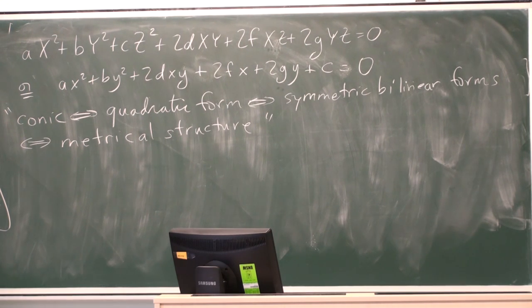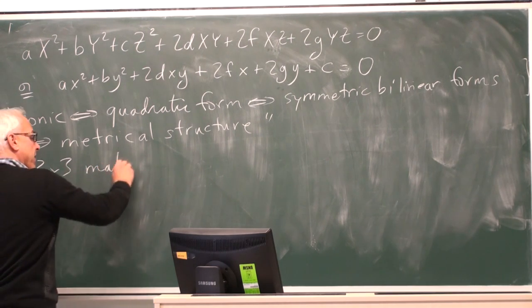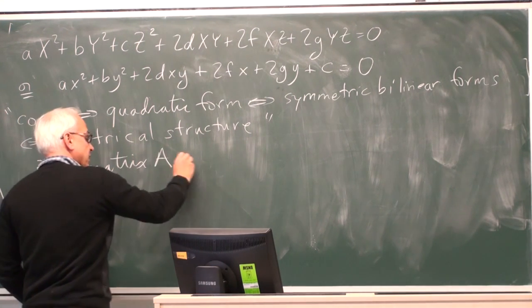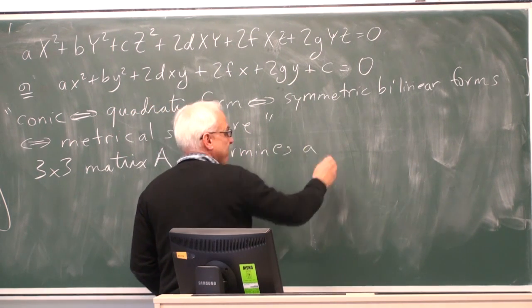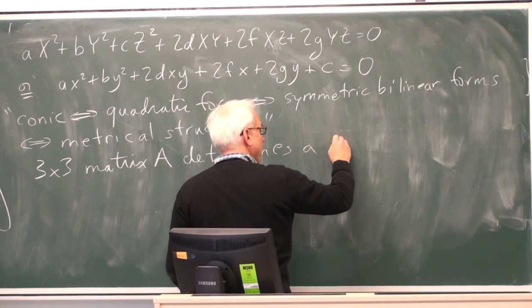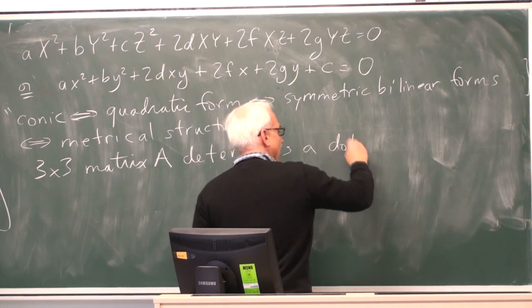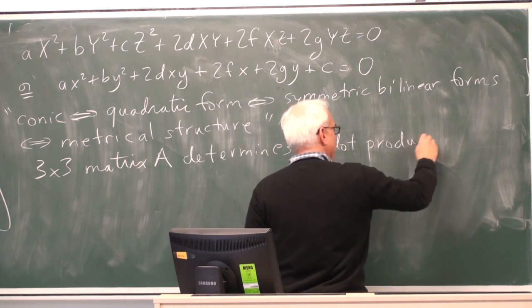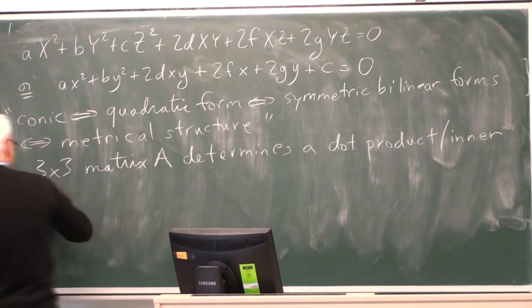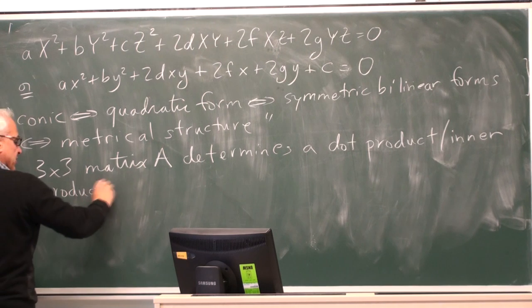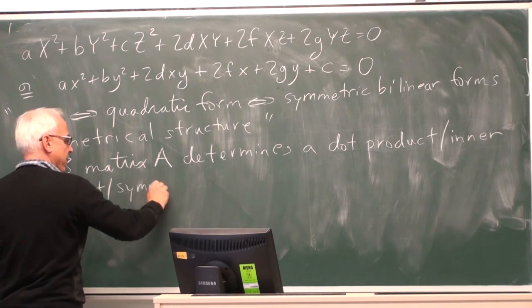Okay, so probably the best thing to do is to take this matrix A, and to recognize that the 3 by 3 matrix A determines a symmetric bilinear form, which is usually called a dot product, or sometimes called an inner product, but best called a symmetric bilinear form.